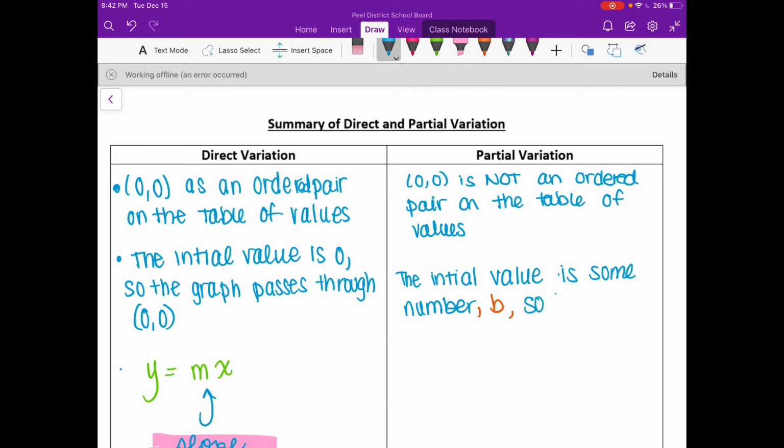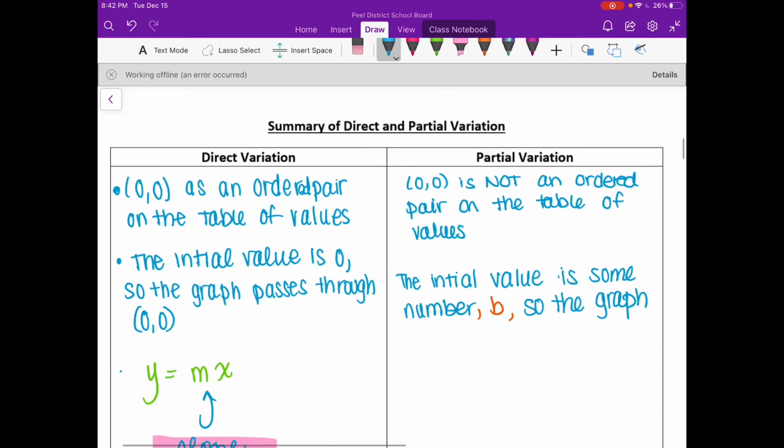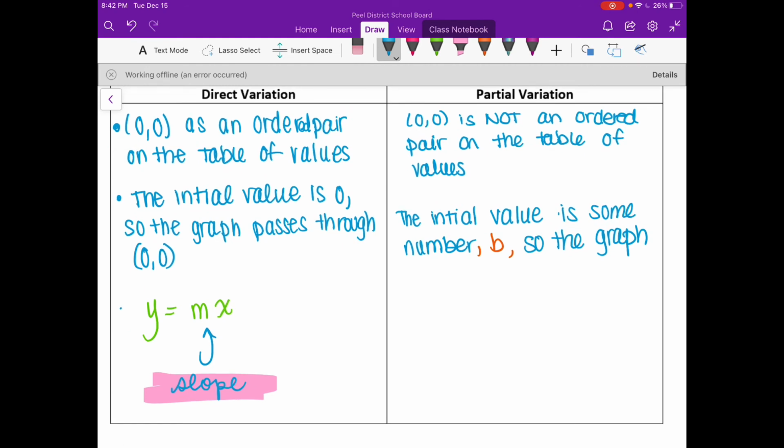So when the graph intercepts the y-axis, which is why we call it the y-intercept, because this is where it meets the y-axis, the graph passes through 0 and b.